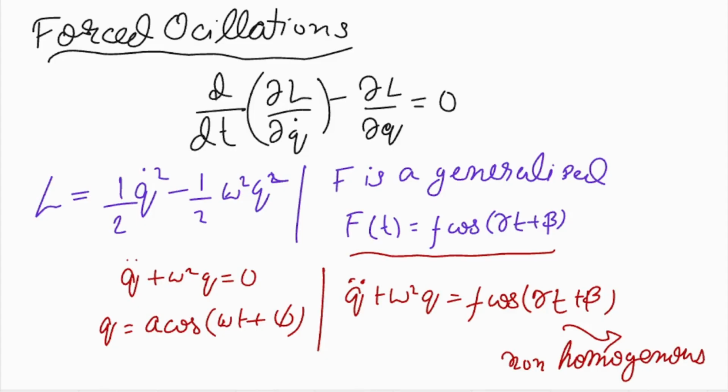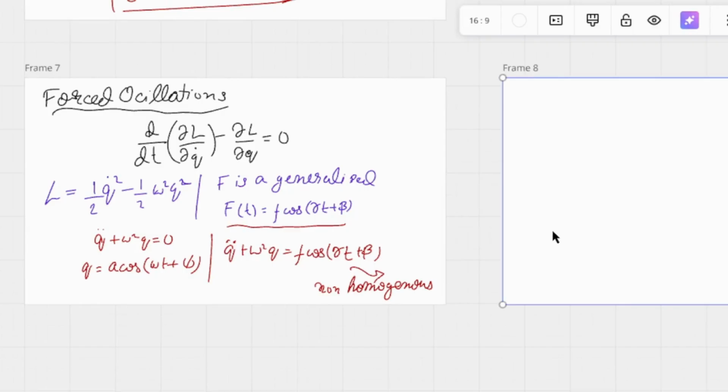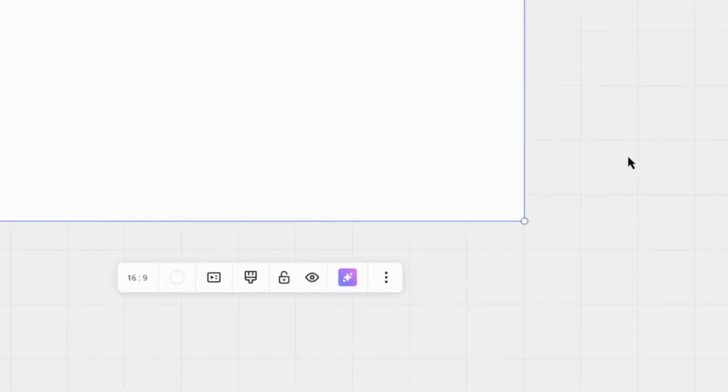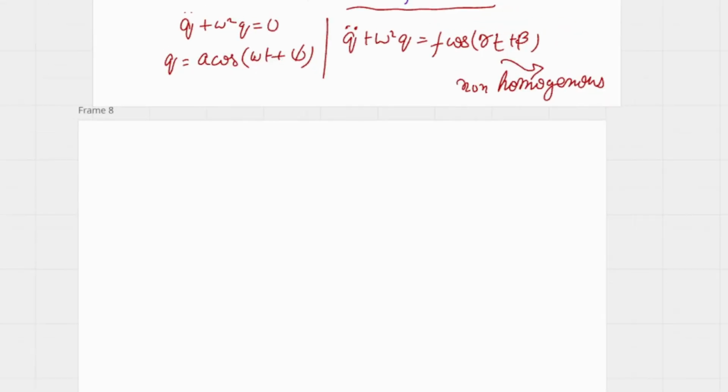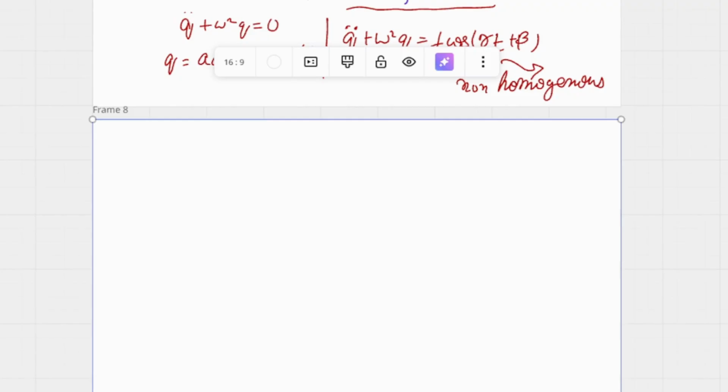Fine. So what to do? How to deal with non-homogeneous equations? Well, to tell about that, let's add a page first. Here you go. Let's talk about this non-homogeneous equation and how to solve this in here.